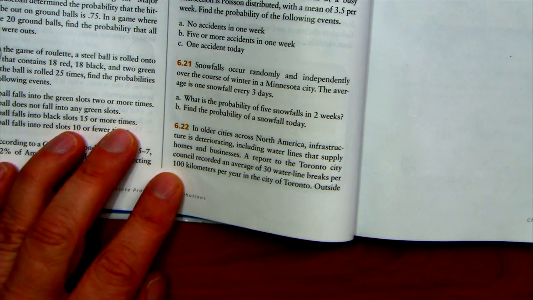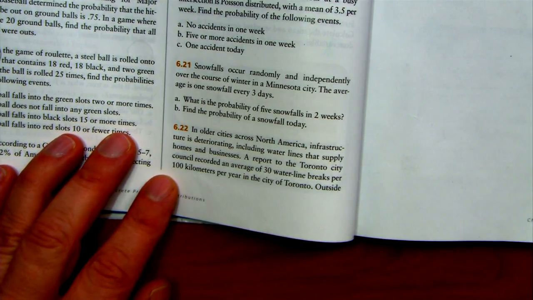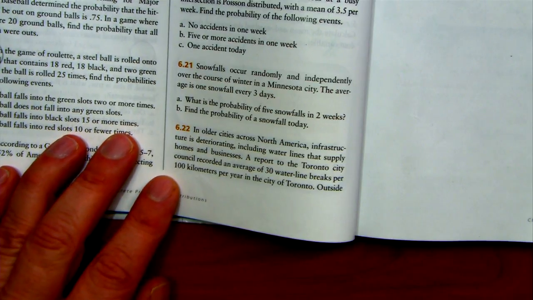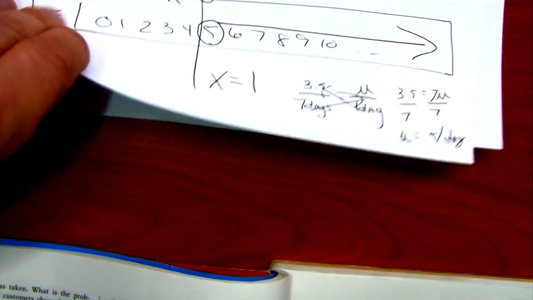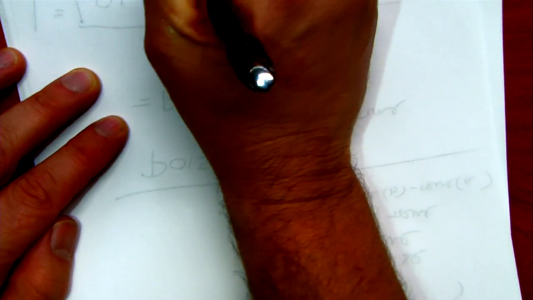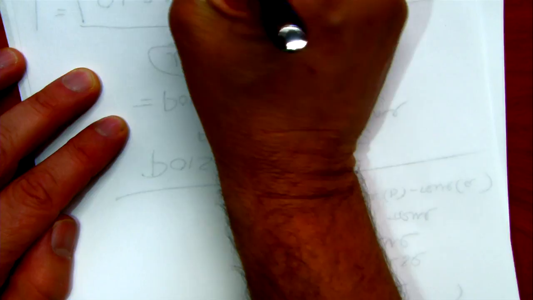A report to the Toronto City Council recorded an average of 30 waterline breaks per 100 kilometers. So that sounds like an average to me, so let me write that down. So our average number, this is number 22, our average is 30 breaks per 100 kilometers. That's some of the information given.